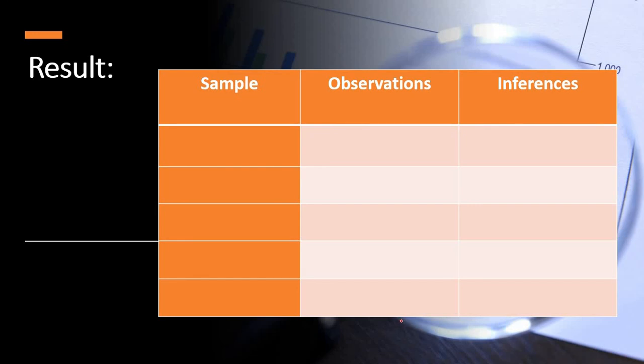The observations or results are shown in the table. Suppose we have sample A, and the observation for this sample after preparing the sodium extract is that it forms violet color with sodium nitroprusside solution; then in the inference you can write there is a presence of sulfur.